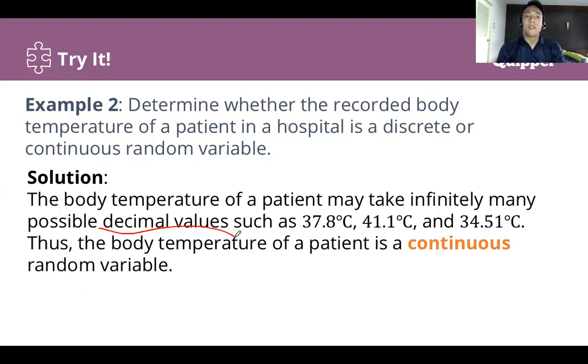You are now a suspect. Baka may COVID ka na daw. So dapat ang temperature natin is mas mababa sa 37. So 36.8, 36.9, 37.0, mga ganyan. Para safe tayo. Okay? So again, discrete, exact number, walang decimal. Continuous, may decimal, may fraction. Okay? Easy.